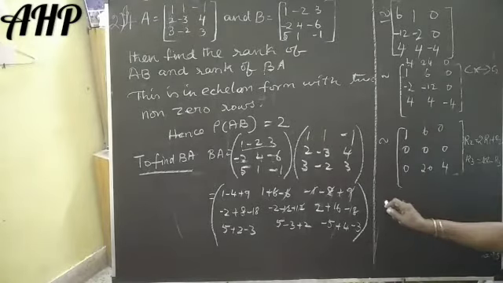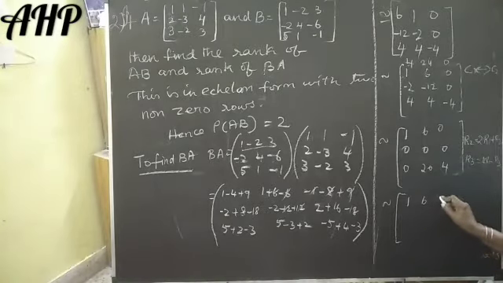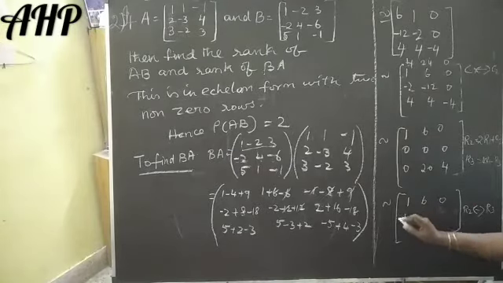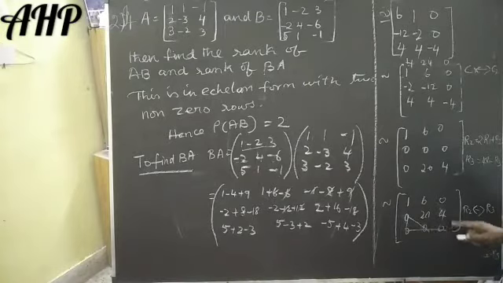Now we can rewrite this as equivalent to 1, 6, 0. Now we can change R2 to R3 and R3 to R2. So 0, 24, 0, 0, 0. Now this is an echelon form where the last row is 0. So here there are two non-zero rows.